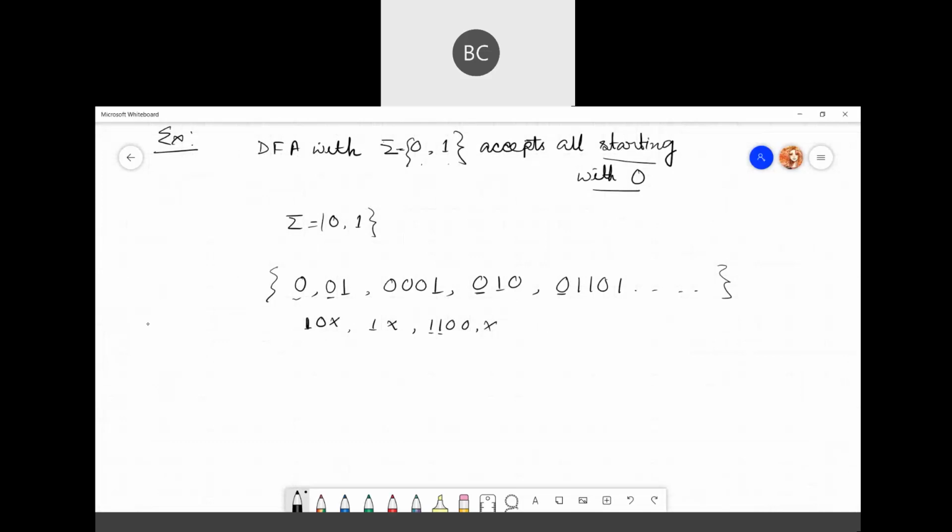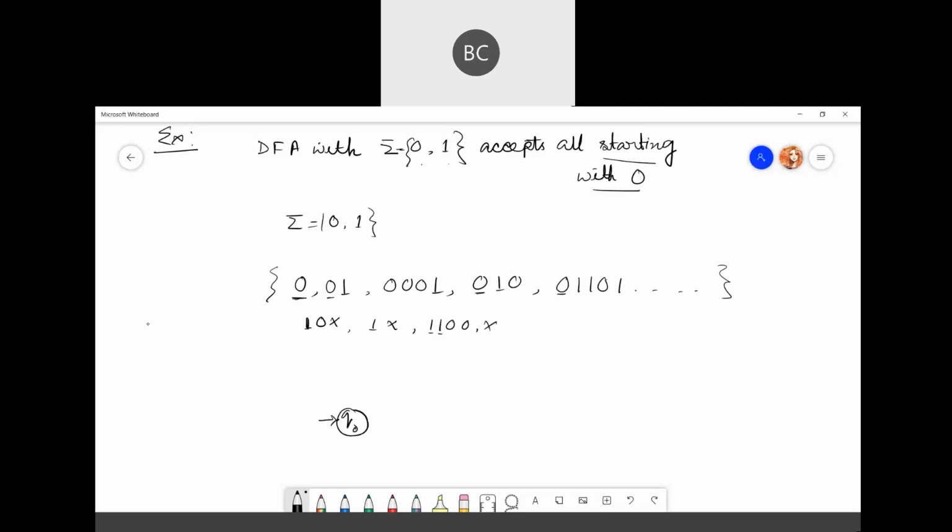So there will always be an initial state as per the rule because it's a 5 tuple, correct? So this is the initial state. Okay. So always start from the minimum string. What is the minimum string here? 0. 0 should be accepted by the DFA.